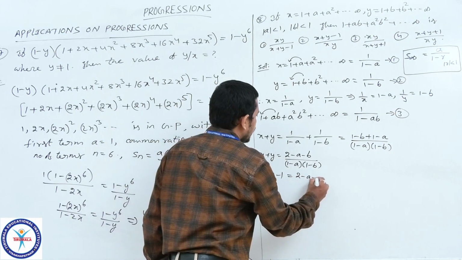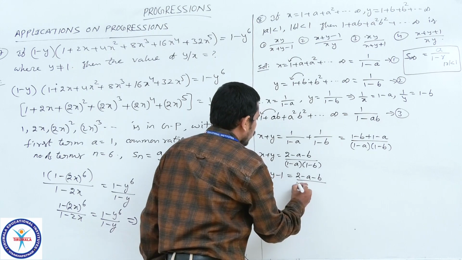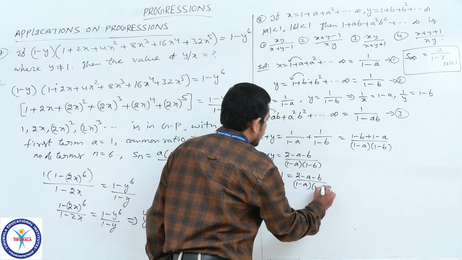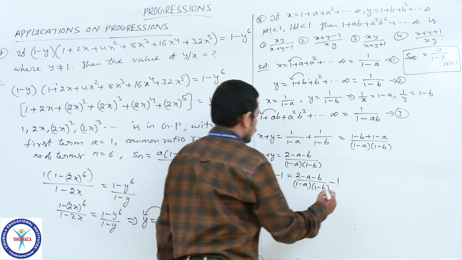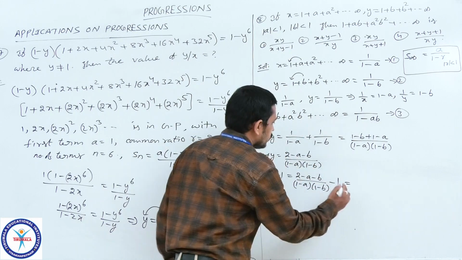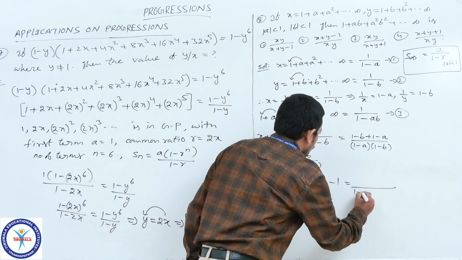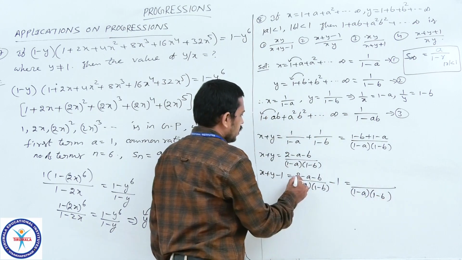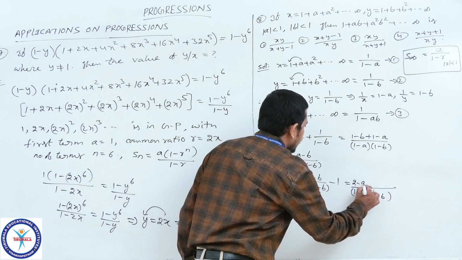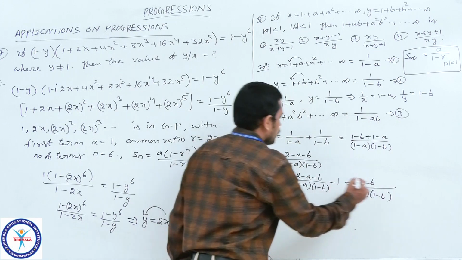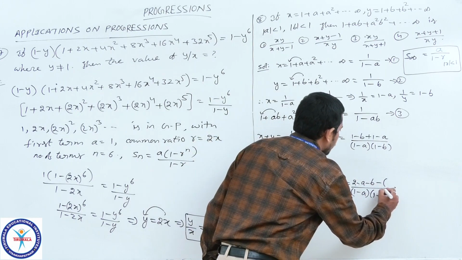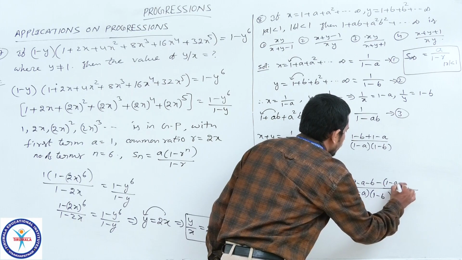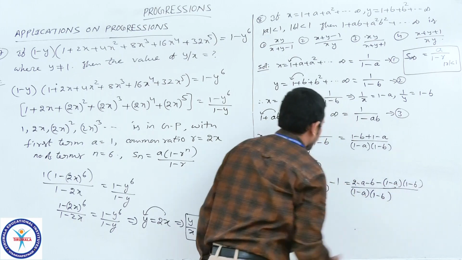So, 2 minus a minus b by 1 minus a into 1 minus b, minus 1. By simplifying this value, take LCM 1 minus a into 1 minus b. Here 2 minus a minus b minus of 1 minus a into 1 minus b.